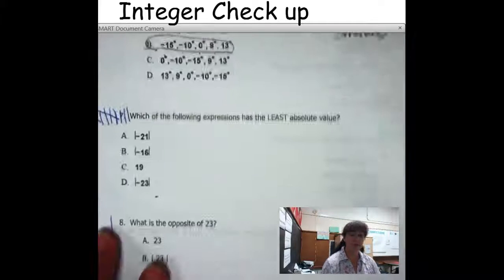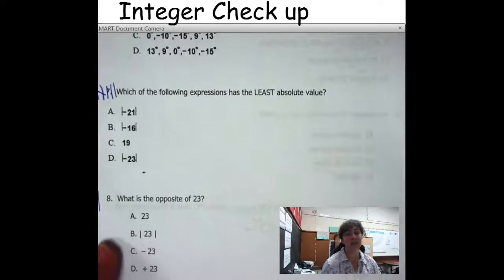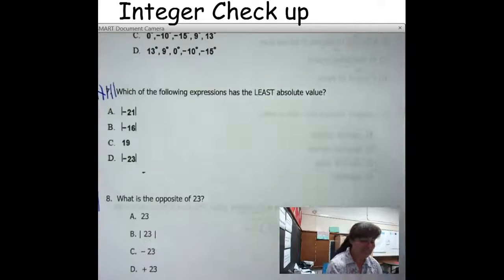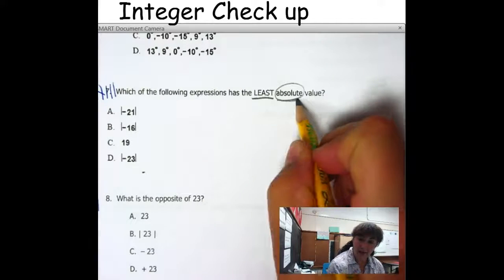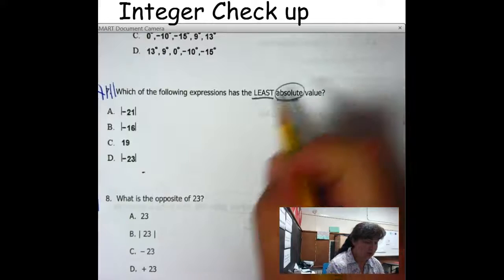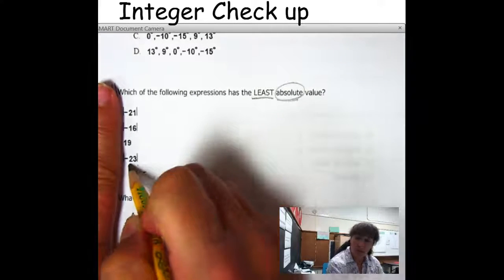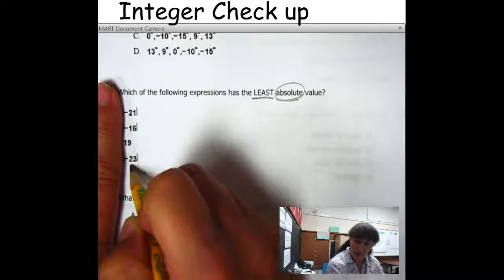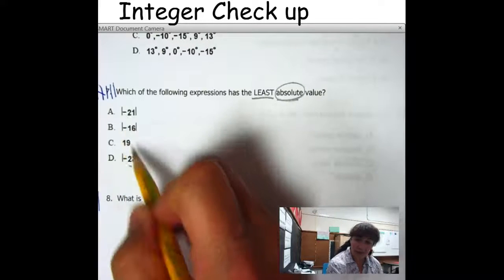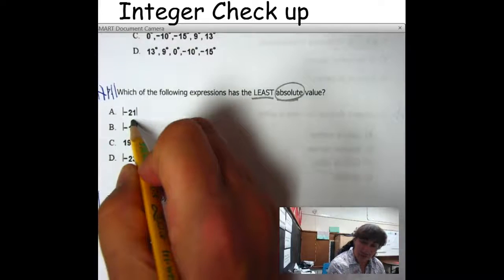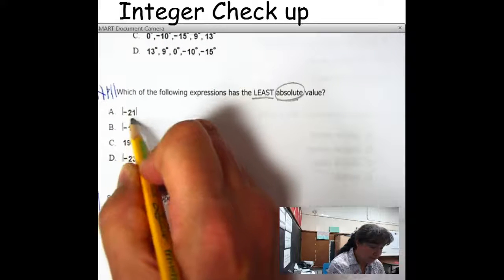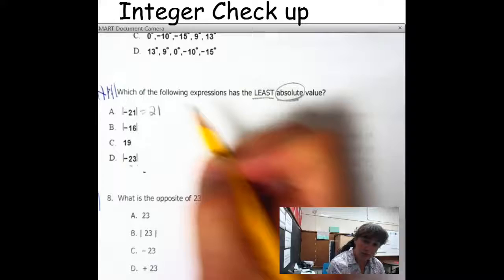Okay. Number 7 was really tricky, and almost everybody missed this question. Which of the following expressions has the least absolute value? Okay, so the number that was the least, if they weren't absolute value, would be negative 23, and a lot of people chose that, but they have absolute value signs. So the absolute value of negative 21 is 21.